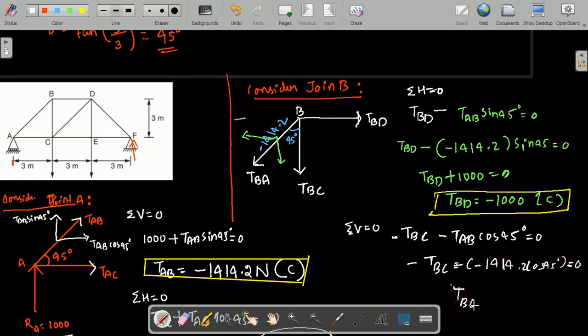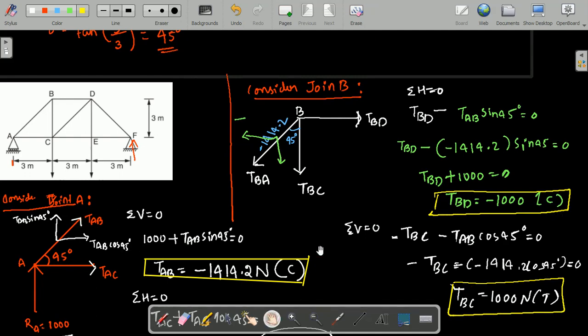TBC, sign conventions are very important, is equal to positive, we are getting 1000 Newton. You just check it once using the calculator, therefore I am writing it as a tension. So compression and tension, the mentioning of this is very important. TBC is over. Joint A is over, joint B is over.